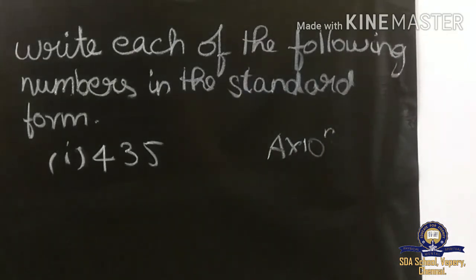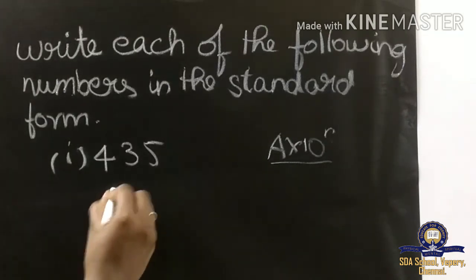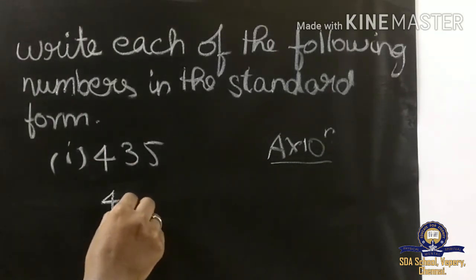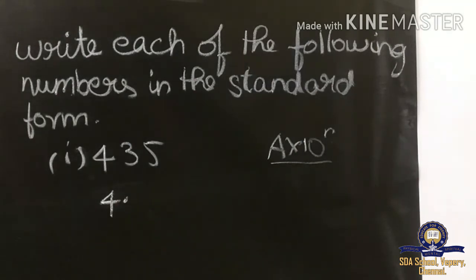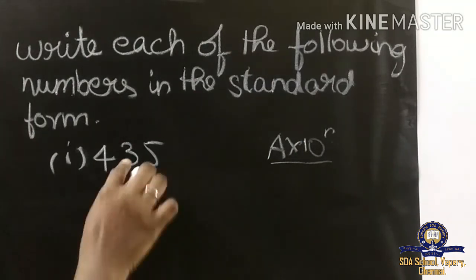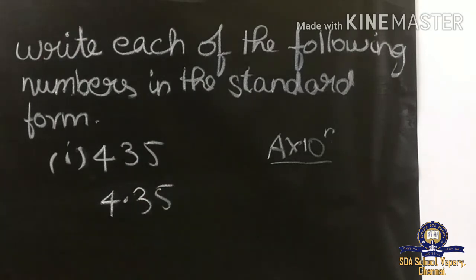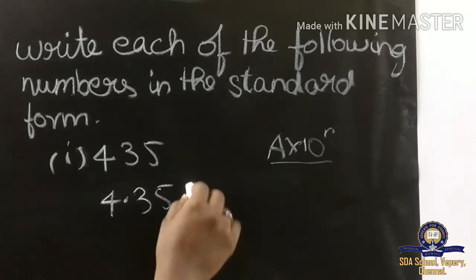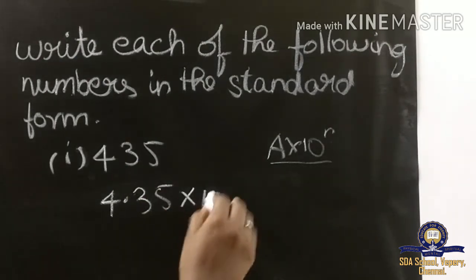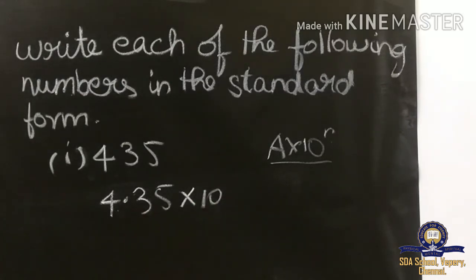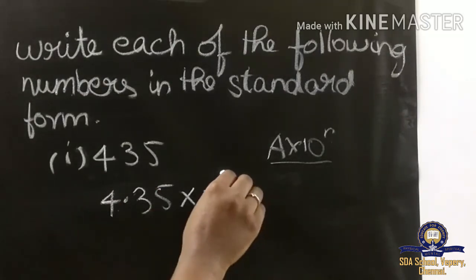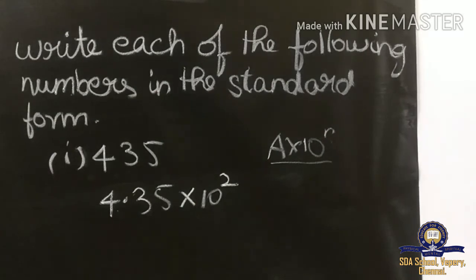Here we are going to rewrite it in this standard form. After one digit, you should put a decimal point. After the decimal point, there are 2 digits, right? 4.35 into 10 power, after the decimal point there are 2 digits, so it is 10 power 2. Here we are just putting 2.